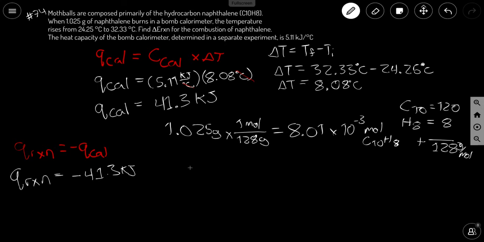And now it's asking us to find the change in enthalpy for the reaction. So we're just going to divide negative 41.3 kilojoules by the amount in moles. And I look at the units to help me find out that I need to divide by kilojoules over moles.